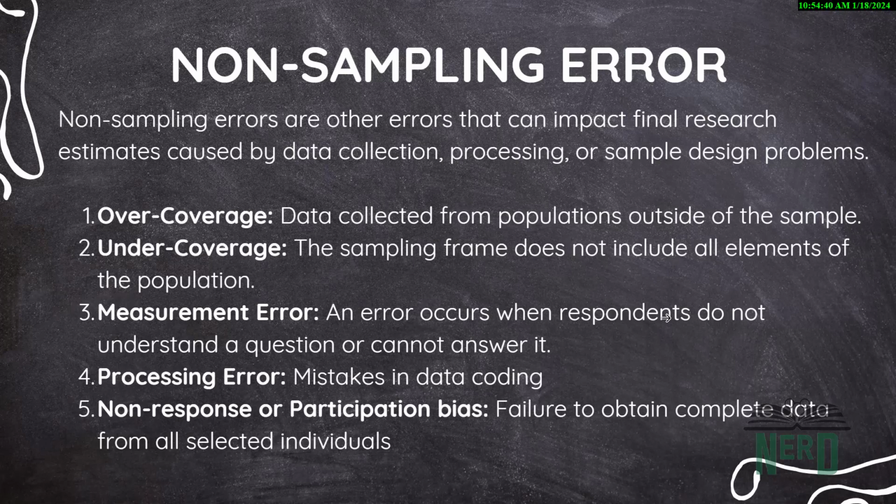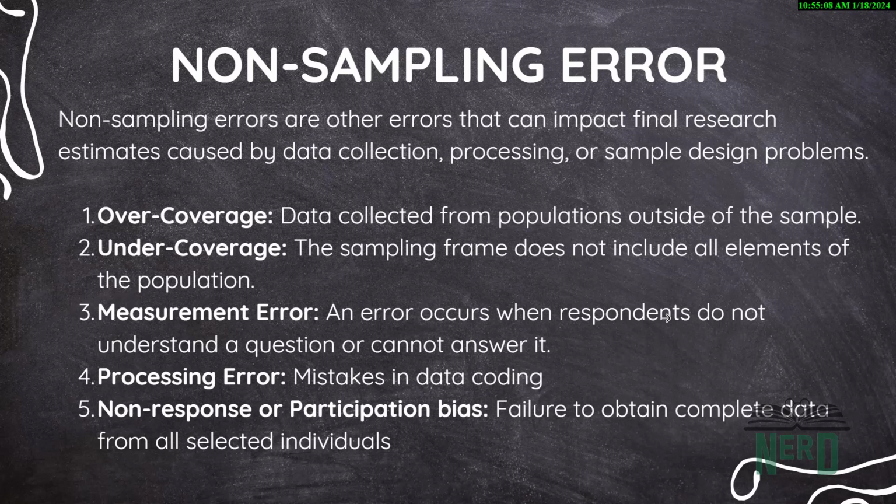The second is under coverage. The sampling frame does not include all elements of the population, right? So it's kind of the opposite problem, like missing some key friends in your photo. It's when the survey misses parts of the population. Next is measurement error. This error occurs when respondents do not understand the question or cannot answer it, right?